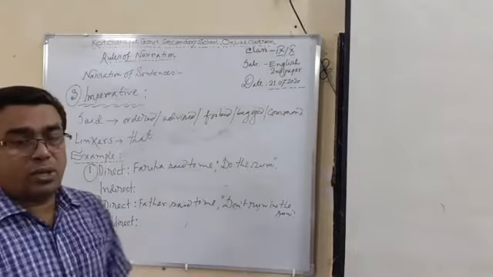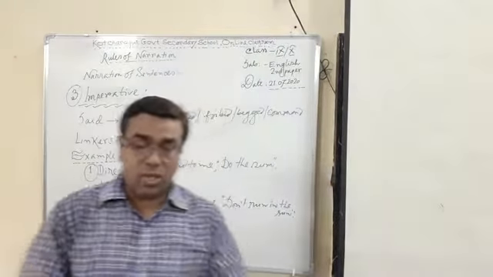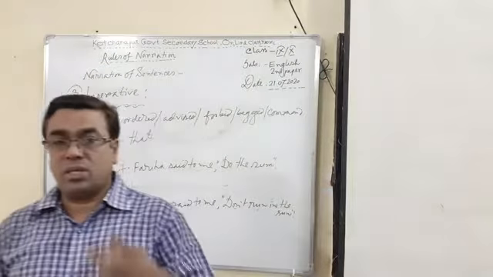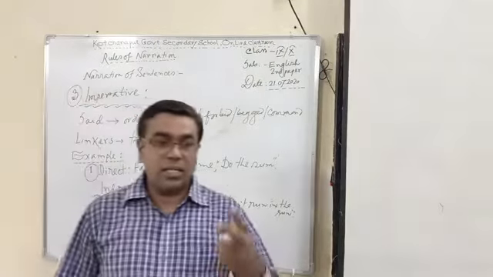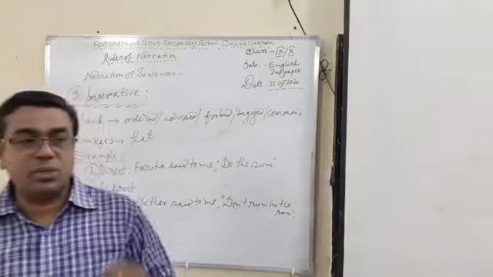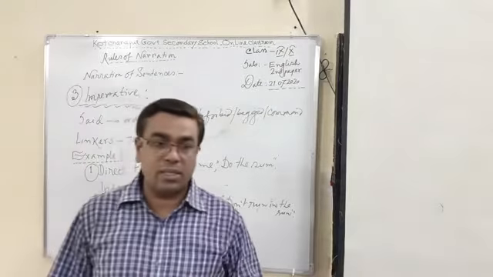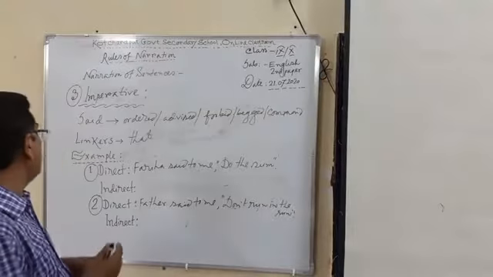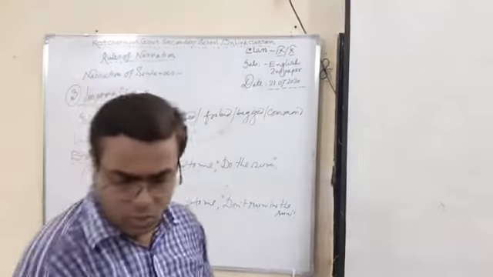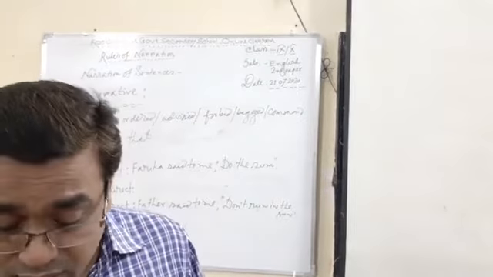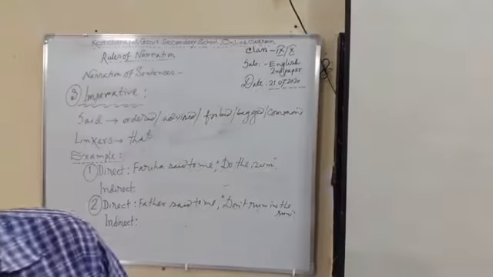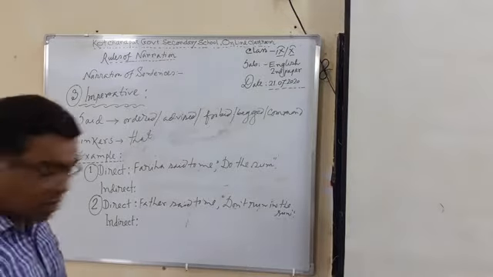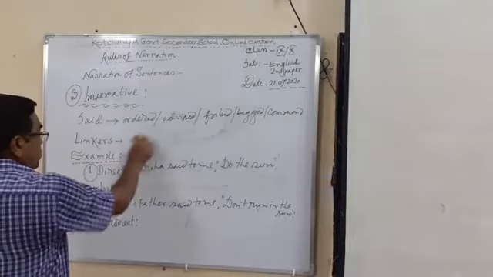There are two types of imperative sentence: the first begins with a main verb, and the other begins with let. If we link our imperative sentence, the linkers are to and not to.